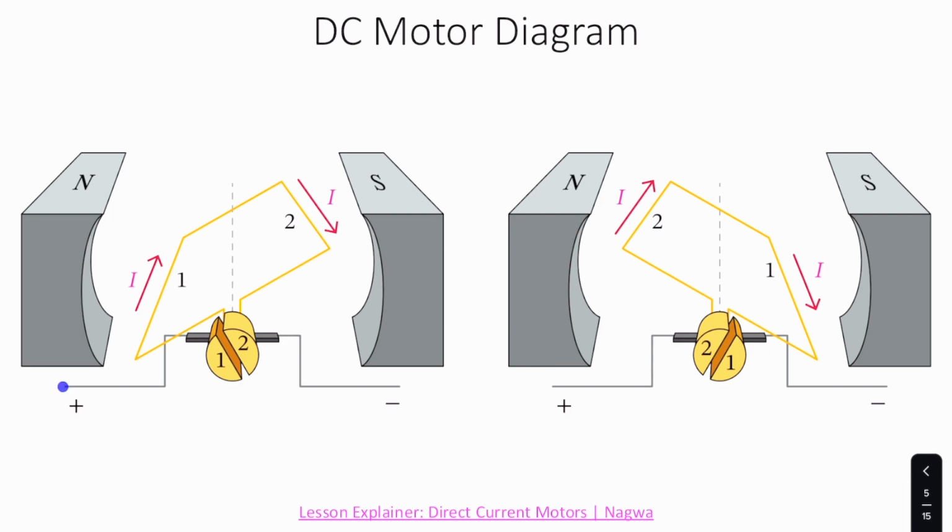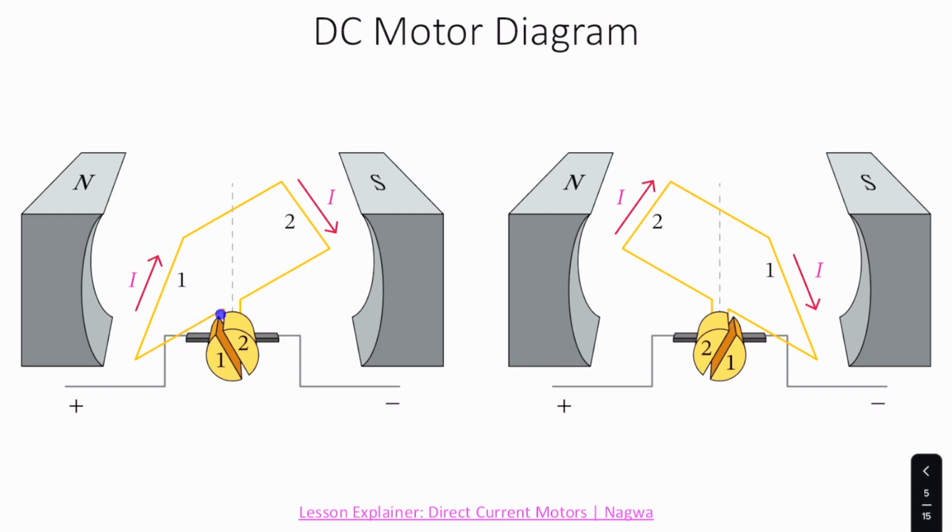So as electricity is flowing through and rotating the coil, at some point side 1 is going to rotate around, and the brush here is going to enter the gap on that side of the commutator.